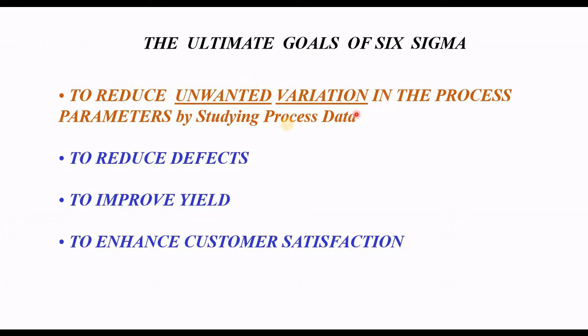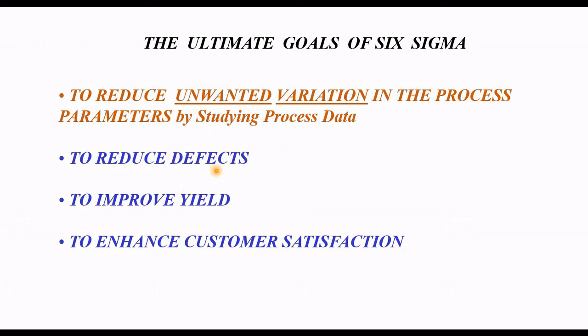So if you have unwanted variation eliminated in the process, that means your parameters will be more predictable. Your parameters will behave as per your desire, as per the specification. And if that happens, you will have fewer defects. If you have less variation in the production line, naturally you will have fewer defects.